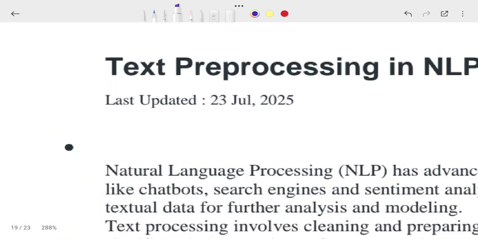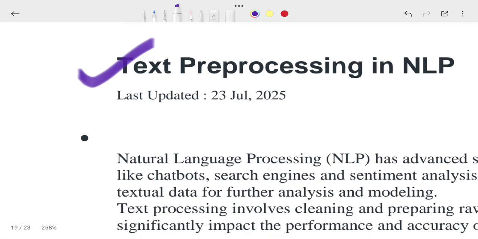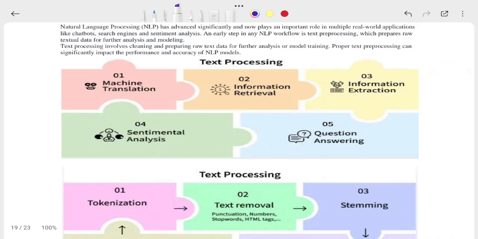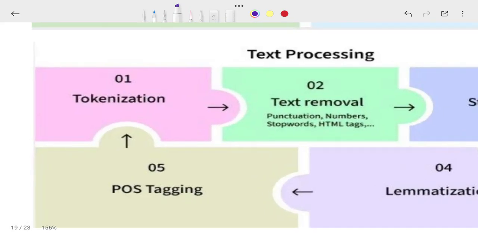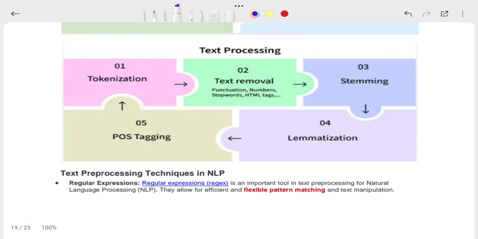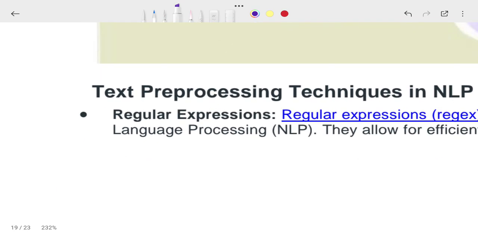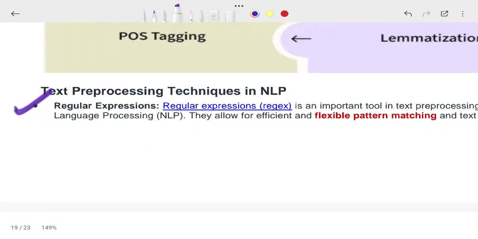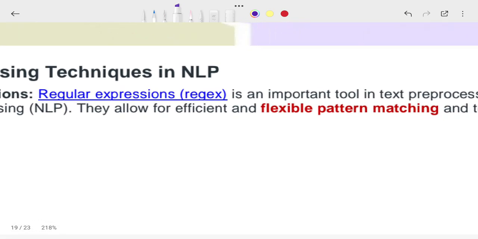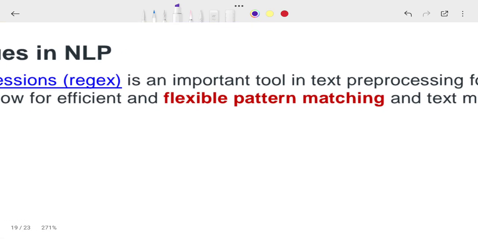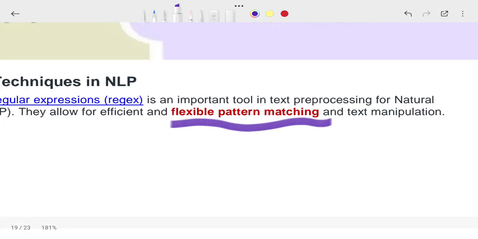Now text processing, meaning natural language processing, started. In natural language processing we are using some techniques. The first one is regular expression. What is the meaning of regular expression? Regular expression means flexible pattern matching.